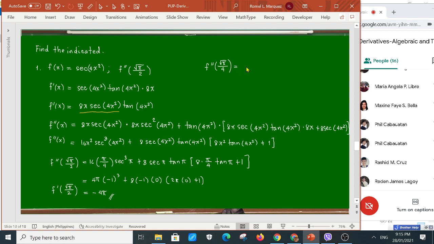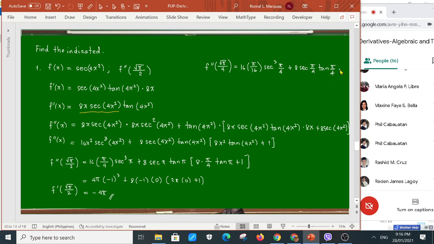Okay, ang unang sagot, 16 times pi over 16, then times secant cubed of 4 times x squared, no? Di ba ang x squared, pi over 16, times 4, pi over 4. Right? A secant of pi over 4. Tangent of pi over 4.